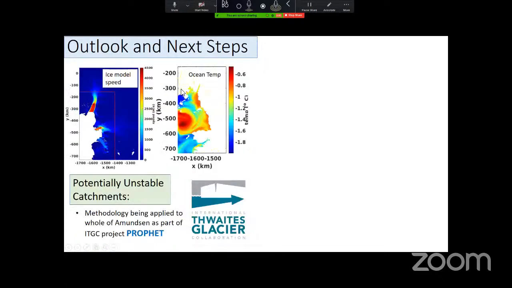Well, the circumpolar deep water kind of takes a lap around the continental shelf. First stop, Pine Island. So if you prevent warm water from going under Pine Island, then the circumpolar deep water that made its way around to Thwaites and Smith is going to be a little bit warmer.